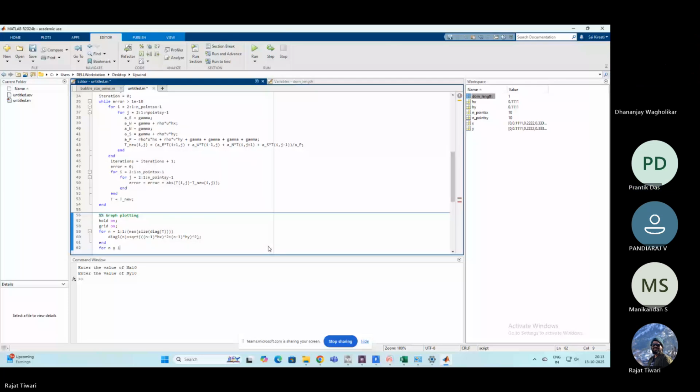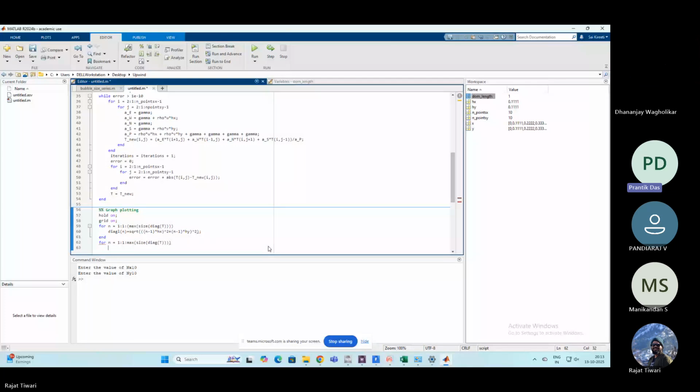So the diagonal of T, from 1 to the size of the diagonal of T, gets stored in a diagonal variable, which is storing the temperature along the diagonals.